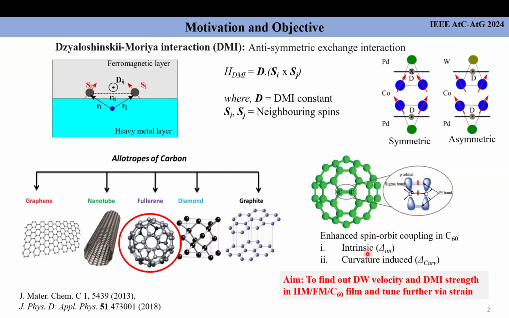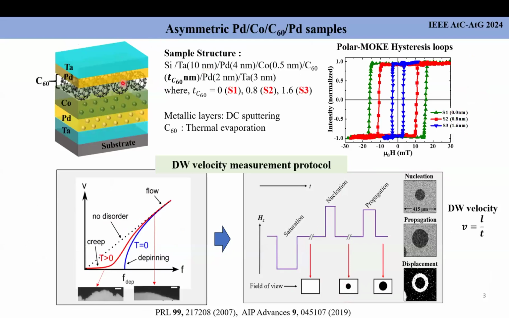In this work, we aim to find out if there is any enhanced domain wall velocity and DMI due to such a heavy metal ferromagnet and C60 structure, and further to tune it via strain. We have prepared an asymmetric sample structure as shown here, varying the thickness of C60 from 0 to 1.6 nanometer.